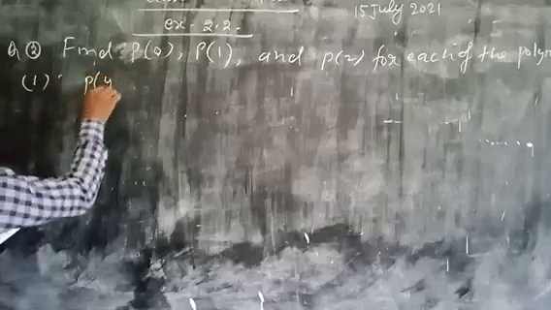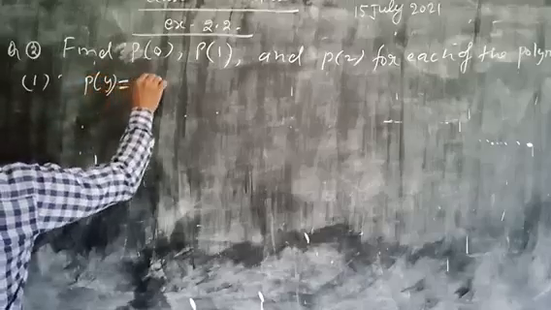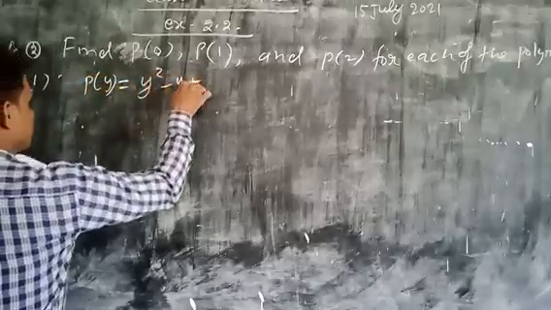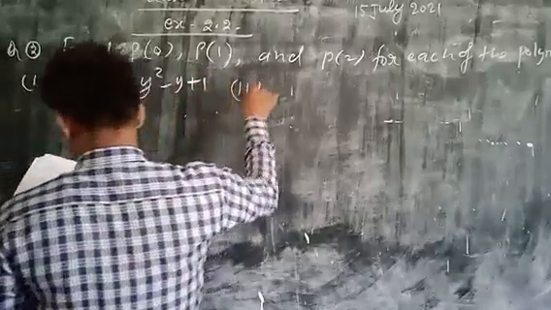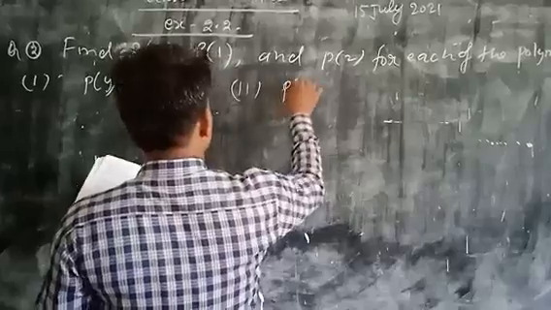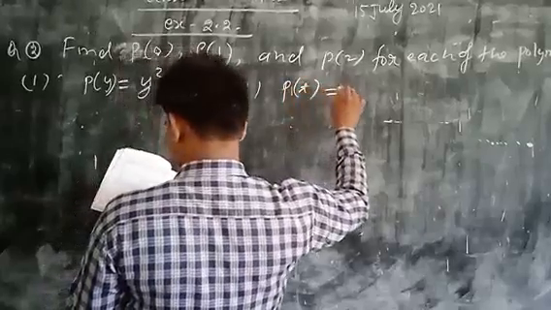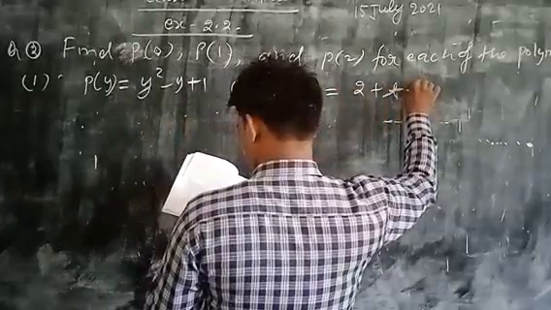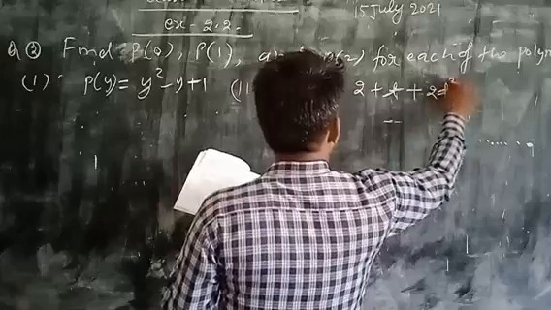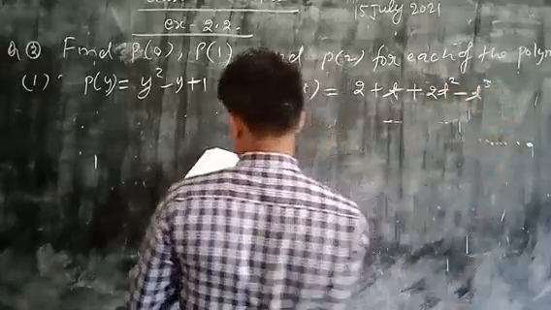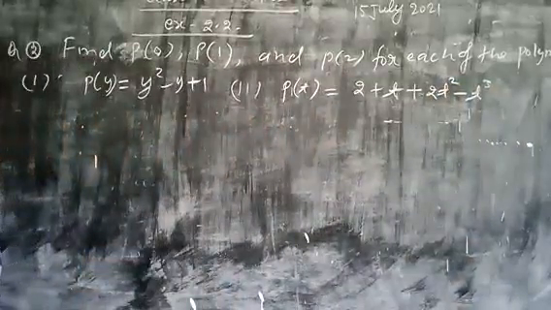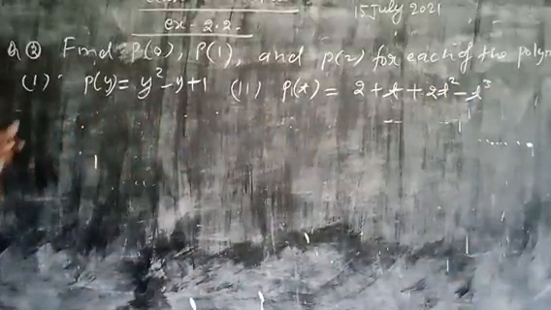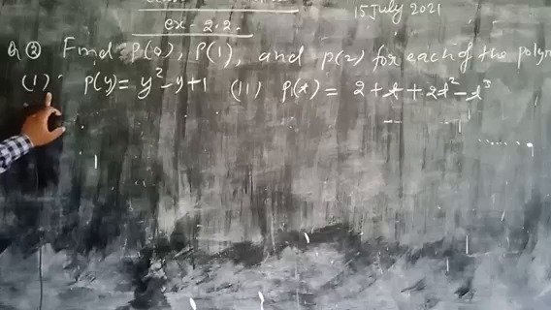That is Py is equal to y square minus y plus 1, and the second part of this question is Pt that is equal to 2 plus t plus 2t square minus t cube. Friends, here are two questions.